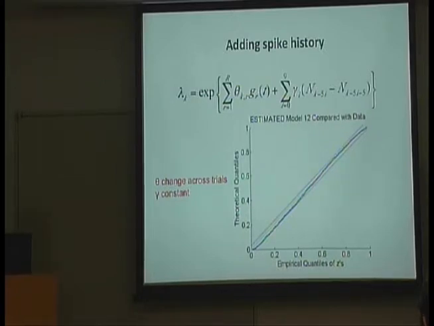You can think of this kind of model as a statistical random effects model. So part of it is a fixed effect, the other part is a random effect. The difference is that right now the likelihood function is a point process likelihood rather than the standard linear regression Gaussian likelihood.